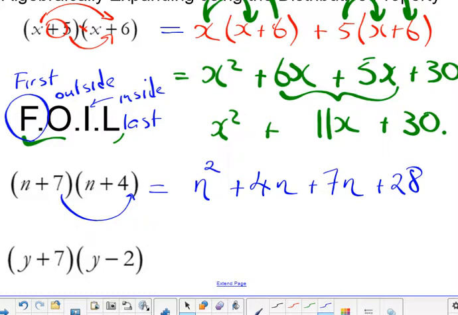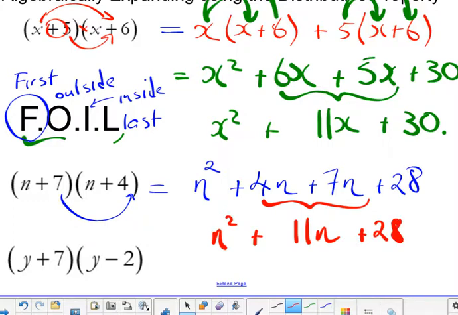Now, once again, those are the same type of term, 4n and 7n. So we've got 4n's, we've got 7n's. We can add those together to give us 11n. And then we've got the n squared, and plus, on the end there, 28. Now once again, what have we done?